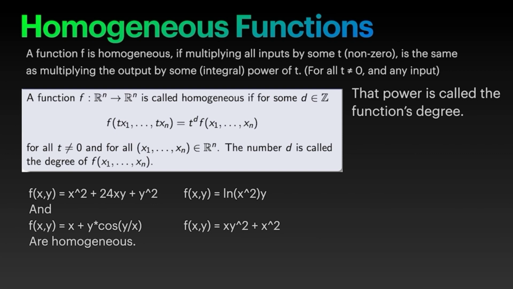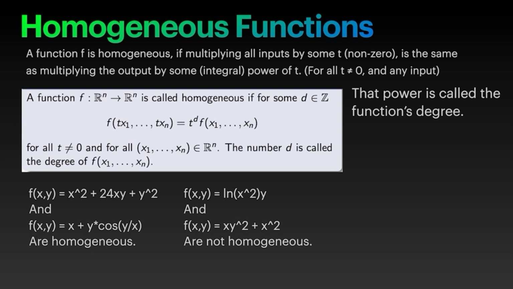So from the sum you can't take any power of t common and leave the rest as f of x comma y. If you take t squared common, you will be left with t into x into y squared, and if you take t cubed common, you will be left with x squared by t. So you can't convert f of tx comma ty into t to the power d into f of x comma y. So this is also not homogeneous.